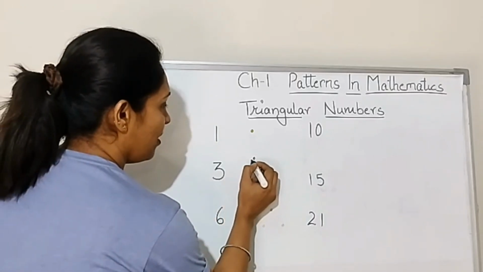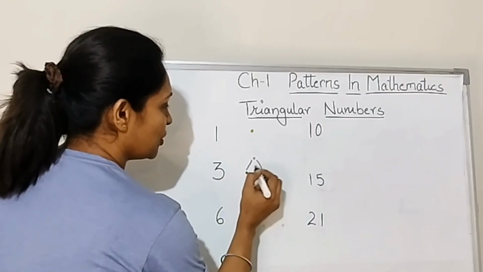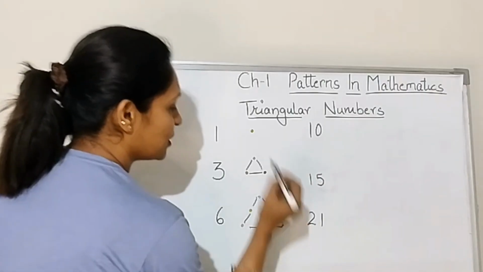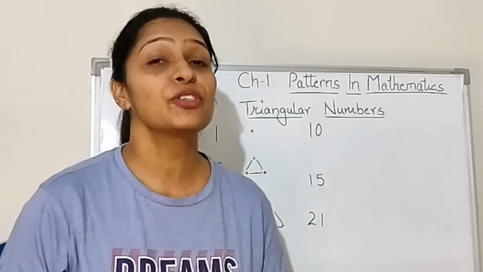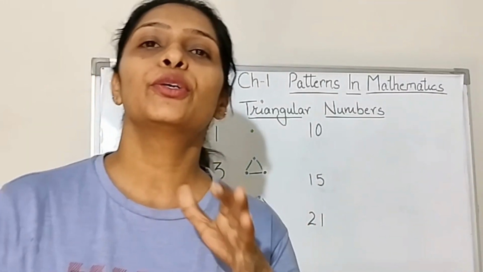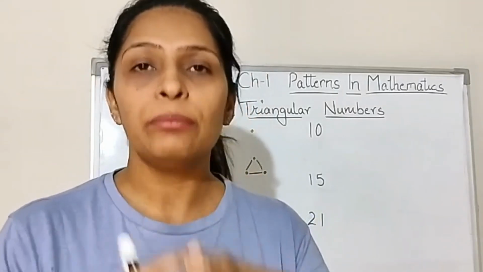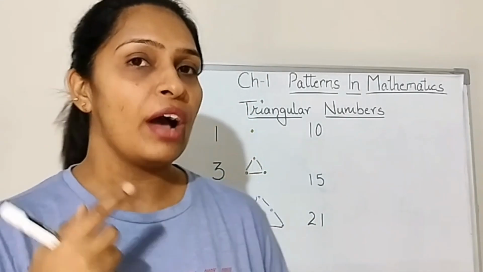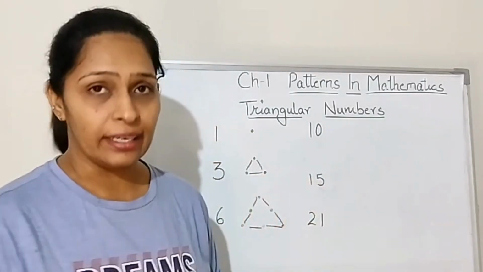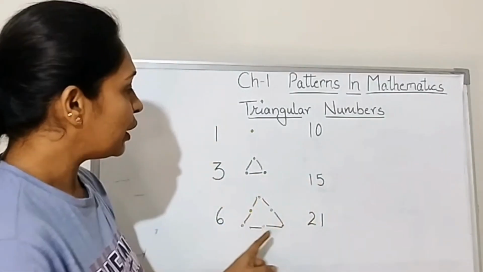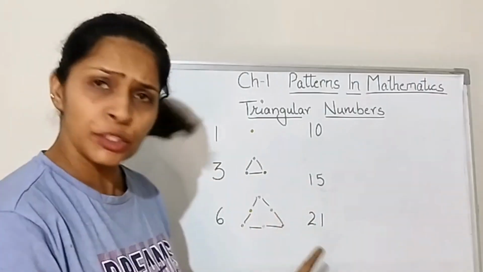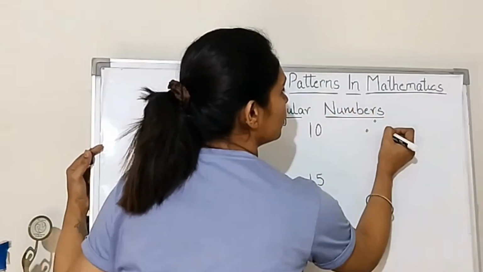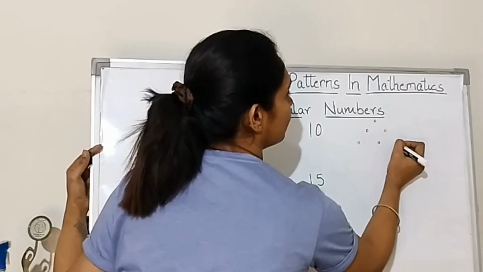See, they are forming the shape of a triangle, and that's why these numbers are known as triangular numbers, because their dot patterns can be arranged forming a triangle. Let's see how we can represent this 10, right? So if we continue with this only, this was 6, right? So we will have here 1, 2, 3, 4, 5, 6.